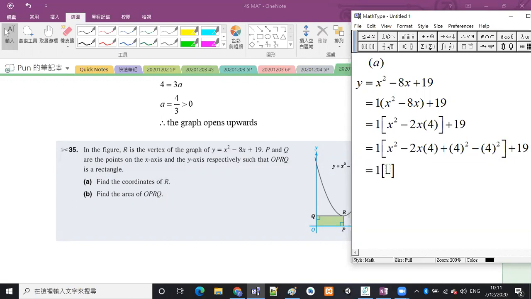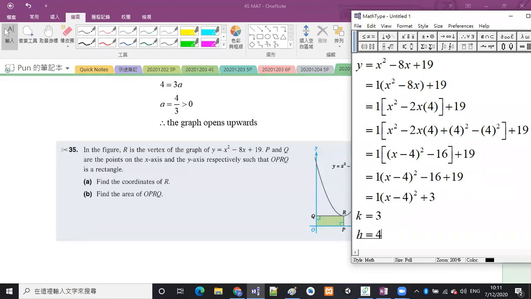And then the first three terms will be changed to a perfect square. It's 1 times (x minus 4) squared minus 16 plus 19, and then we calculate the constant term. So the k value is equal to 3, and the h value is equal to 4.